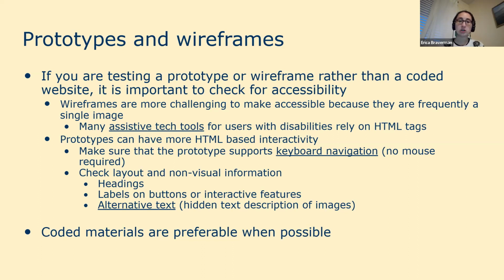And then make sure you have something for pictures or graphics called alternative text, which is sort of like a hidden text description of images. And blind internet users use a tool called a screen reader or a text-to-speech tool. It will read out all the information on the page and it will read that description.